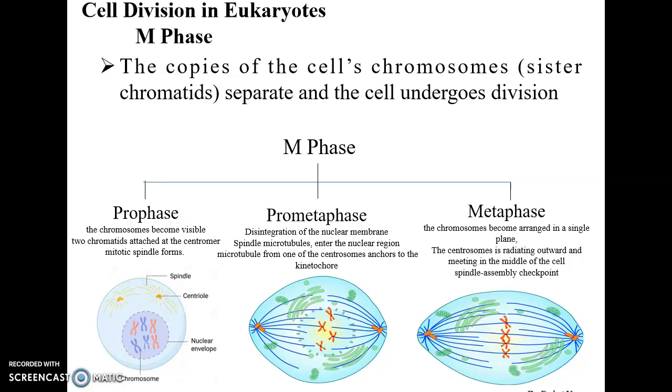A spindle assembly checkpoint, which is a very important step during this phase, checks that the chromosomes are aligned on the metaphase plane and that spindle fibers from the opposite poles are attached. The passage of the cell through the spindle assembly checkpoint depends on tension generated at the kinetochore, as the two conjoined chromatids are pulled in opposite directions by the spindle fibers.